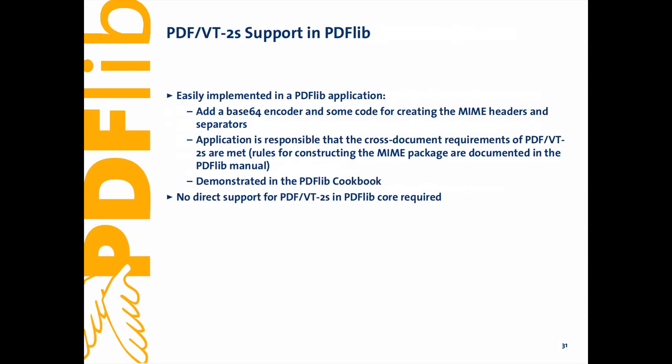The application must observe some restrictions that the different chunks in the stream must fulfill. So there are some cross-file requirements, and we documented these in the programming manual of PDFlib. And we have a demonstration in our so-called cookbook, which contains programming examples for PDFlib. By doing it this way, we had no requirement to put MIME support into the PDFlib core. It's just added easily on top of PDFlib in an application.